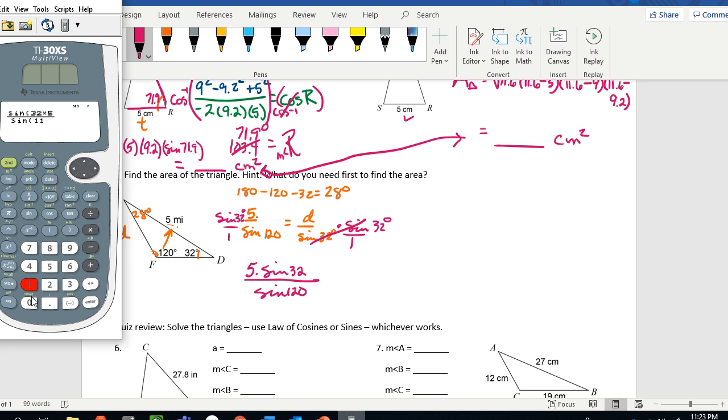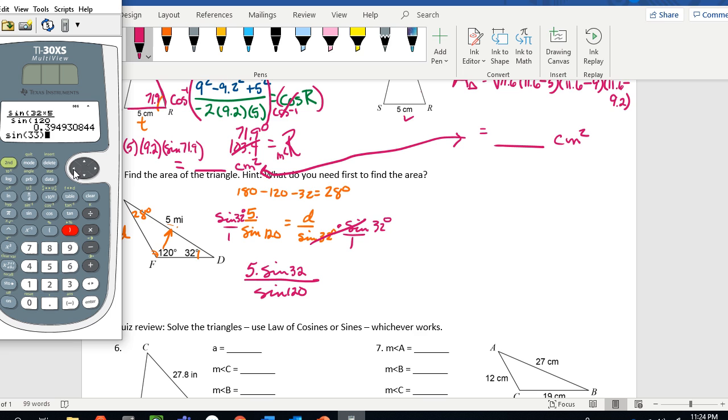Look what happens. We get this really weird decimal thing. Let me go back and show you what happened. This had to have a closed parentheses after the 32. So I'm going to hit sine 32, close the parentheses.